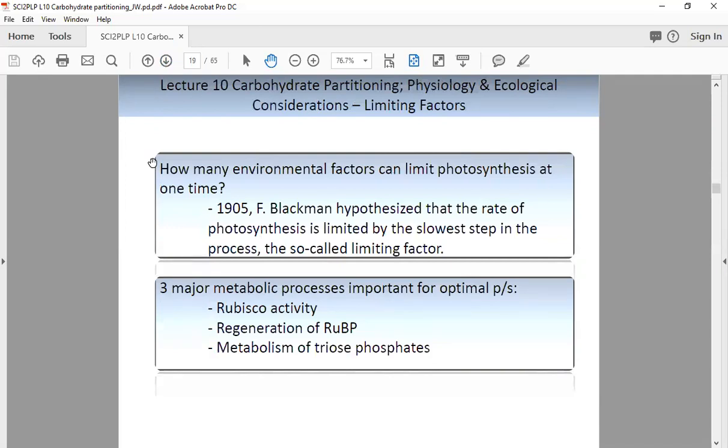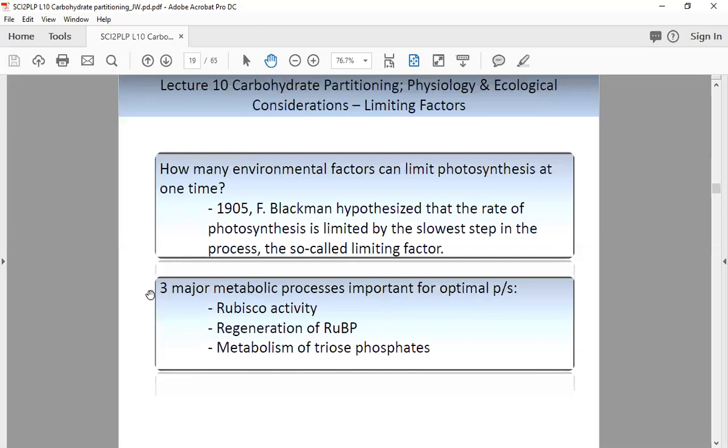And this is referred to as the limiting factor. So this implies that photosynthesis can be limited by either, for example, light or carbon dioxide concentration, but not by both. So using this approach, plant physiologists will vary one factor and keep other factors constant.